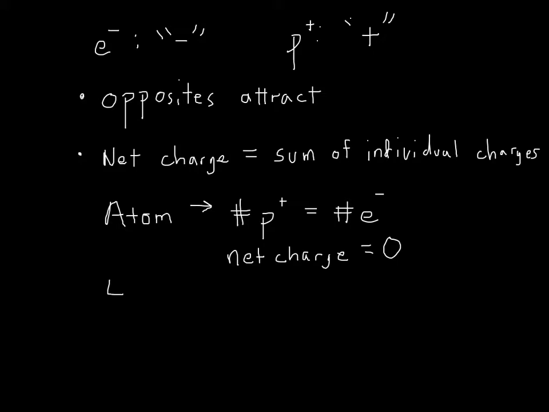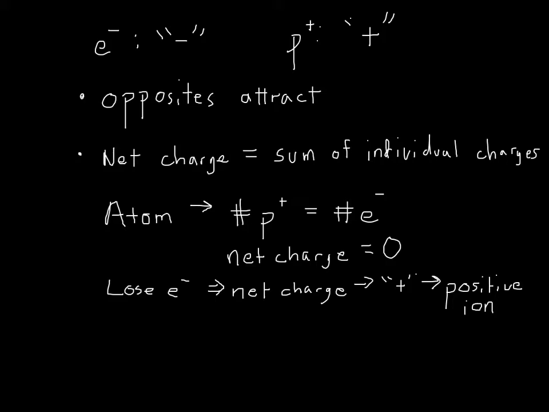Sometimes you have atoms and they lose electrons. They lose electrons, so that means their net charge is going to become more positive. They're getting rid of electrons, so they're losing some negative charge, so the net charge is going to be some positive number, a little bit more positive. This is what we call a positive ion. Any atom that has some kind of charge we call an ion.